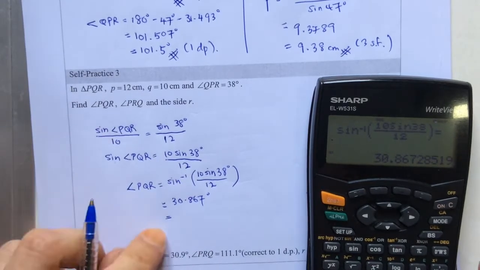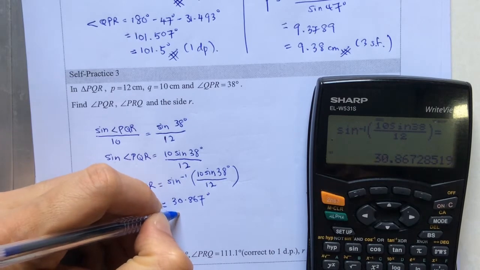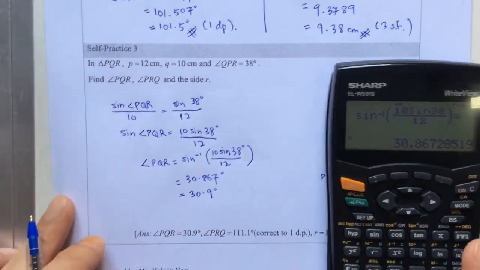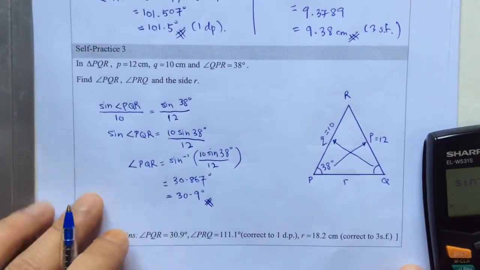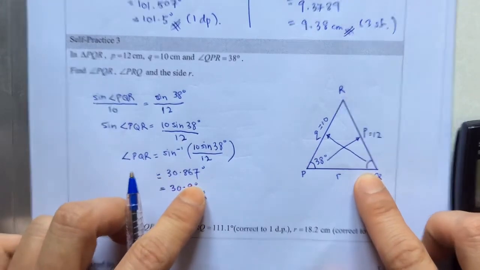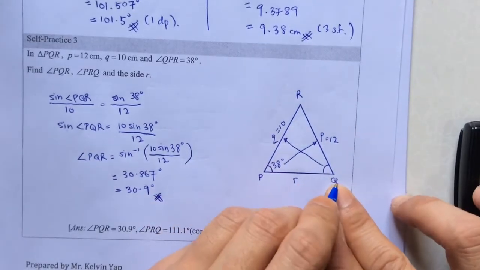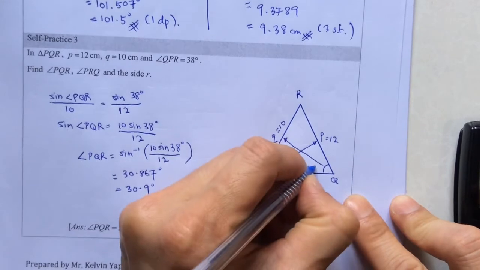This is an angle, so it will be in one decimal place, so it will be 30.9 degrees for angle PQR. When I update the diagram, I will not put 30.9 on the diagram, I will put 30.867 degrees on the diagram to label PQR. So 30.867.